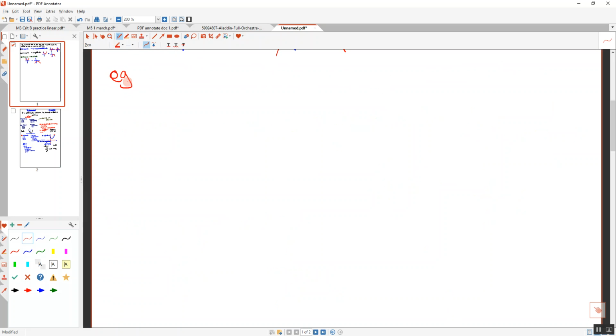Alright, I want you to have a go at the following. The quadratic 2x squared plus kx plus 3 has one repeated root.